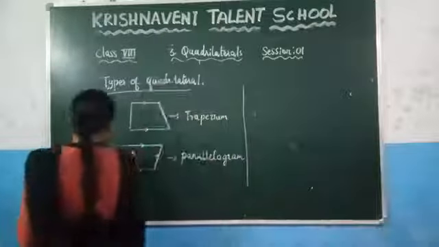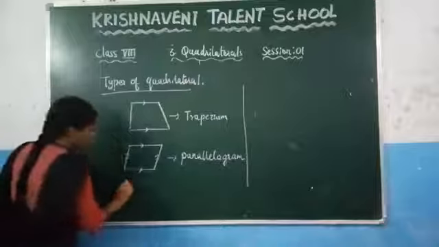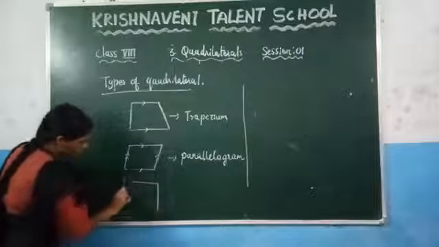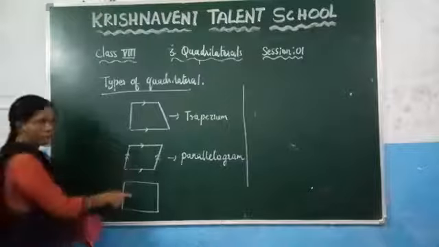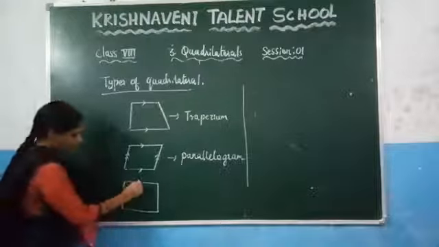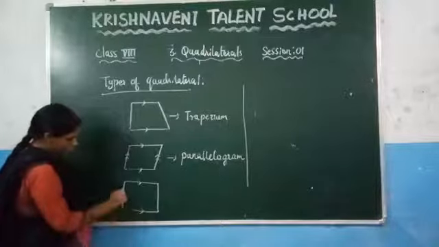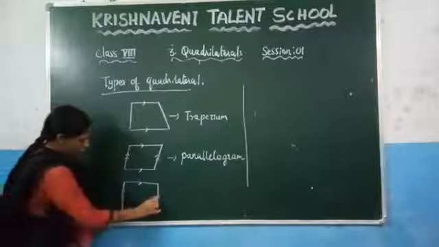So if you observe this one, what is the difference between these two? You know that it is also a parallelogram because this side is parallel to this side, and similarly this side is parallel to this side.